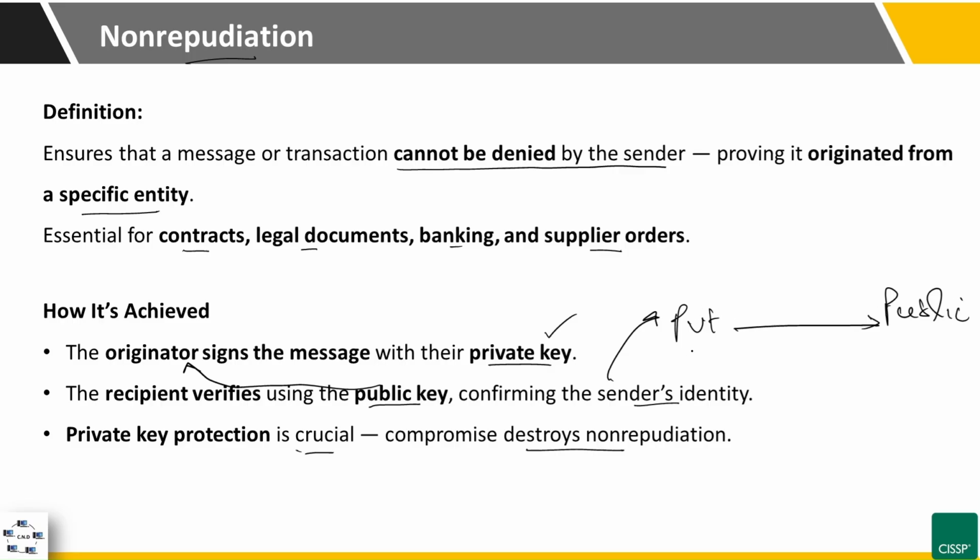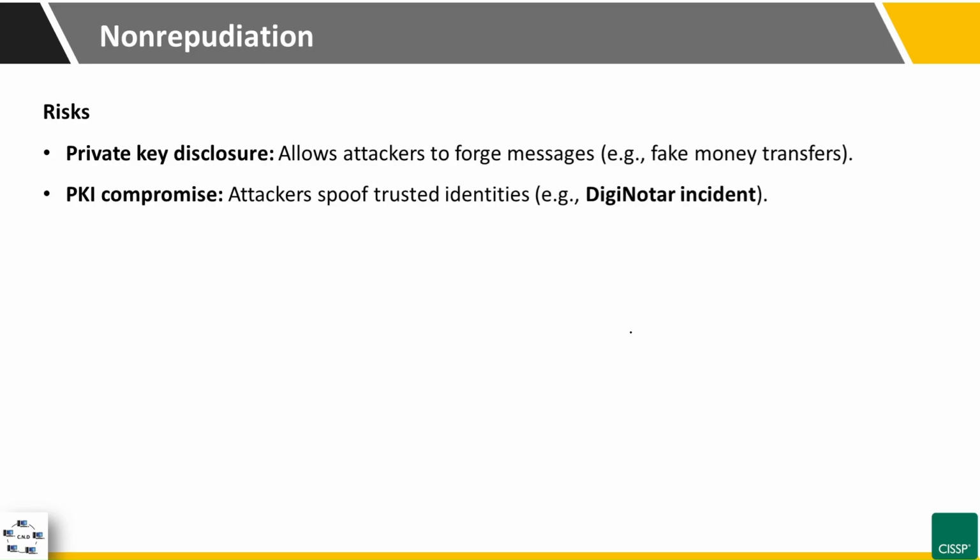So if this is party A, this is party B. Party A signs the message with his private key. It can only be decrypted with the public key of the same key pair, that is party A's public key. And if it is decrypted, it proves that the message was indeed signed or sent by party A.